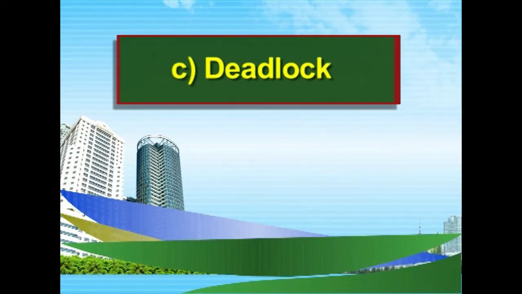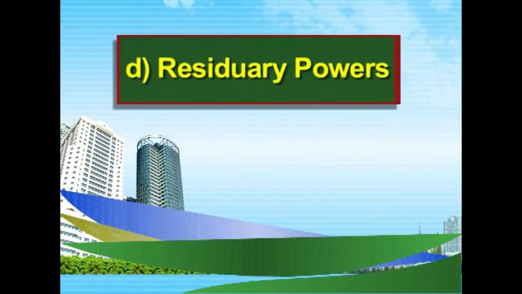The majority of the shareholders may exercise a power vested in the board when the directors have, for some valid reason, become incompetent to act. Deadlock. The shareholders can intervene when the directors are unwilling to act or, on account of deadlock, unable to act. Residuary powers. The residuary powers of a company reside in the general meeting of the shareholders.